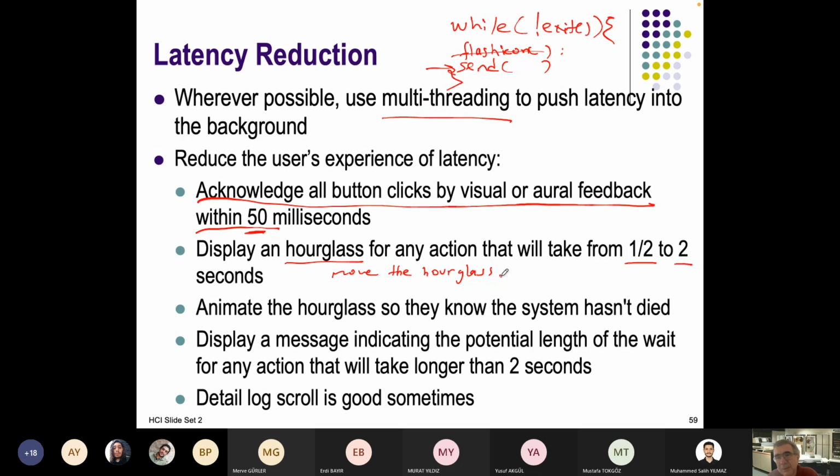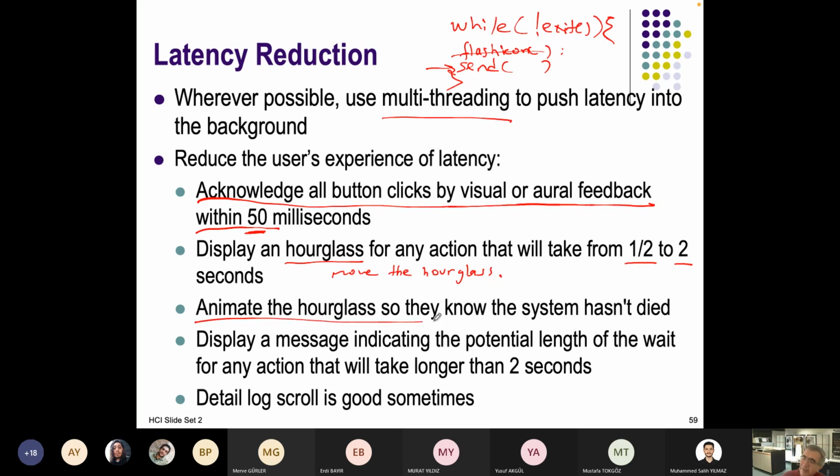If it is rotating slightly faster, like 1 rotation per second or 2 rotations per second, then it will feel that the application is quite fast. It is interesting. So try to rotate it fast.